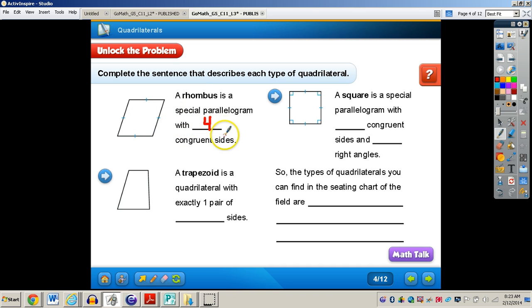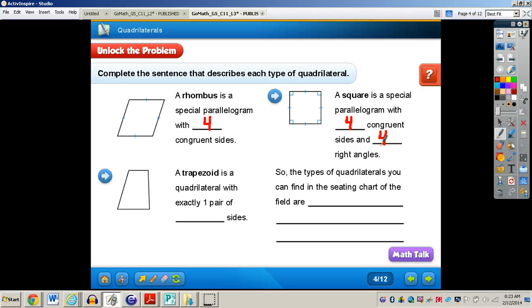Next one is a square. A square is a special parallelogram. We have 4 congruent sides, and also 4 right angles as well. You can see it's a little bit different than a rectangle. Even though a rectangle has 4 right angles, it does not have 4 congruent sides, so a little bit different there.